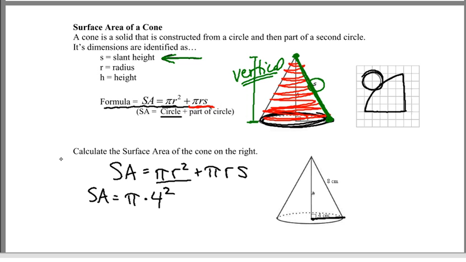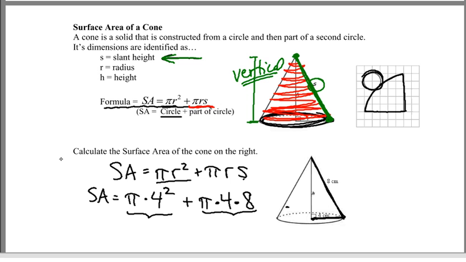So pi r squared is going to be the circular bottom, plus, now that rounded face, the rounded part of that cone is going to be pi rs, which would be pi times the radius, which is 4, times, again, the slant height, how high the cone is on the angle or the slant. There's your second face that would need to be painted on the cone.